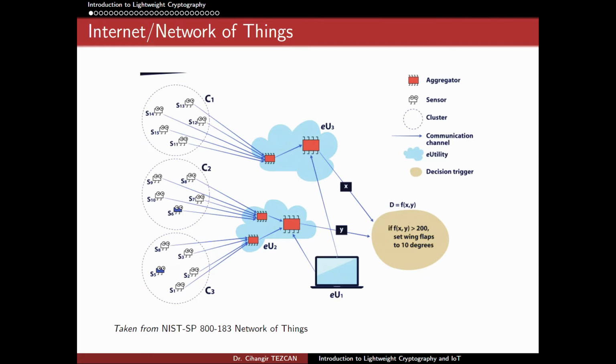So network of things actually would be a better term, but IoT is more widely used. So throughout the course we will say IoT, but most of the time we will be referring to network of things anyway. So this special publication actually gives us this big picture.